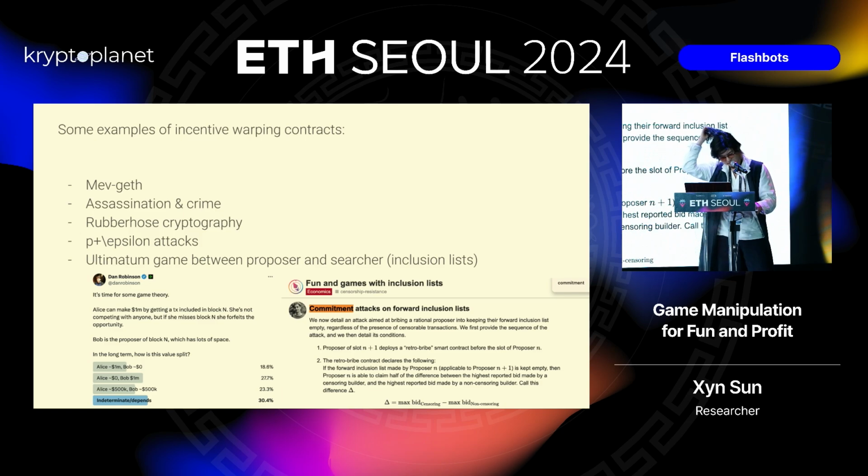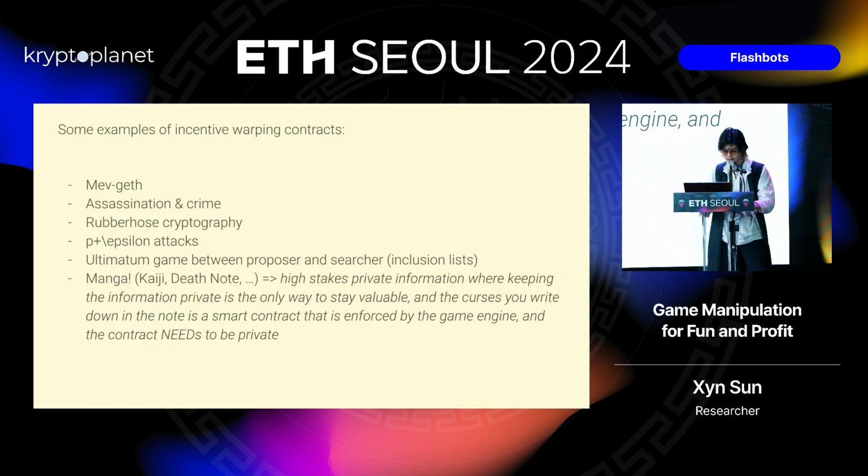And then on the more protocol research side, we see discussions about inclusion lists happen a lot within Ethereum for censorship resistance. For inclusion lists, similarly, you could do things like game manipulation, particularly as a proposer: you could threaten to not include certain transactions into the inclusion list unless they give you rewards.